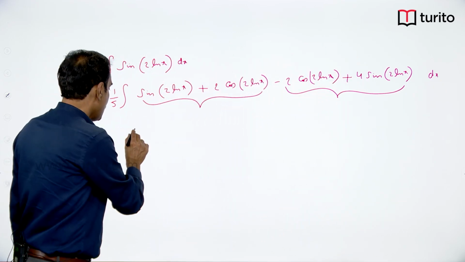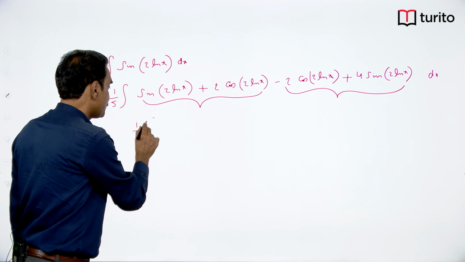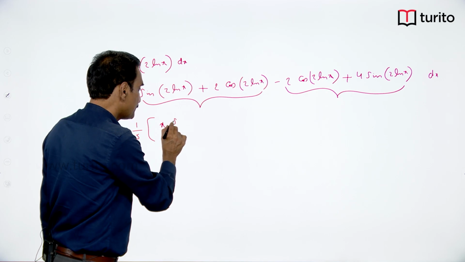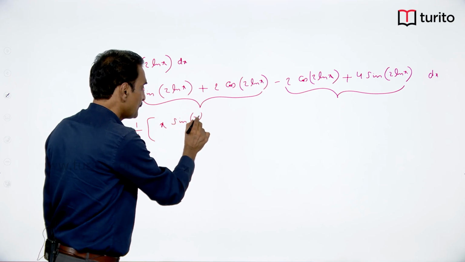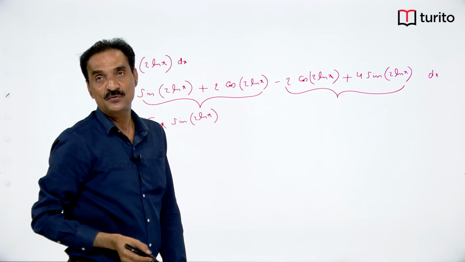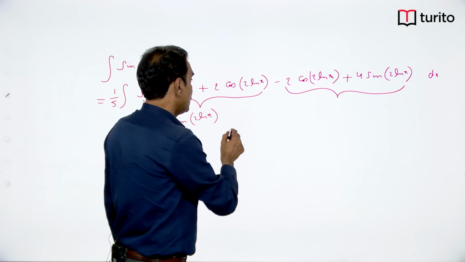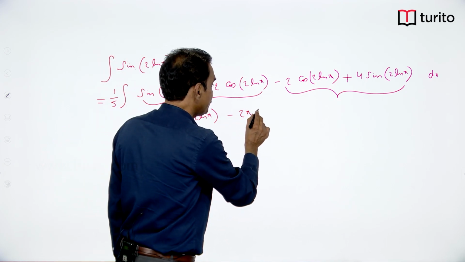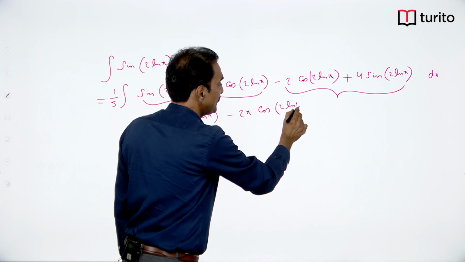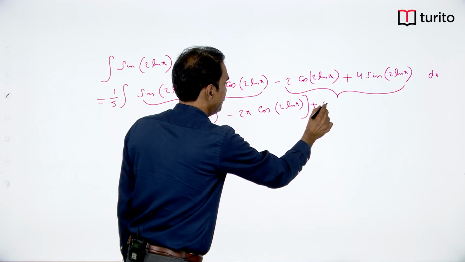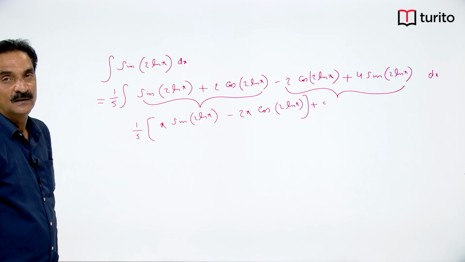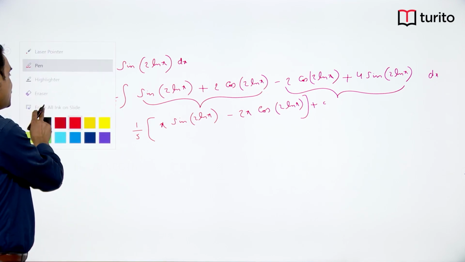So, apply the formula: 1 by 5 into integral of this is x sin 2 ln x and integral of this plus this is x into minus 2 cos 2 ln x, that is minus 2x cos 2 ln x plus c. You can take x common. Okay. Let us proceed to the next question.